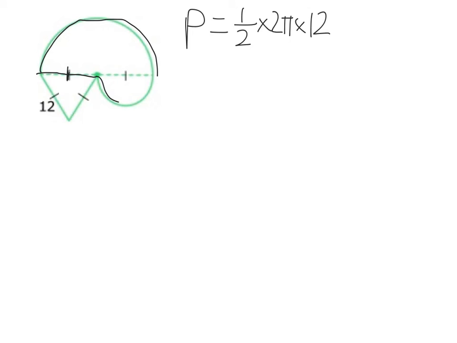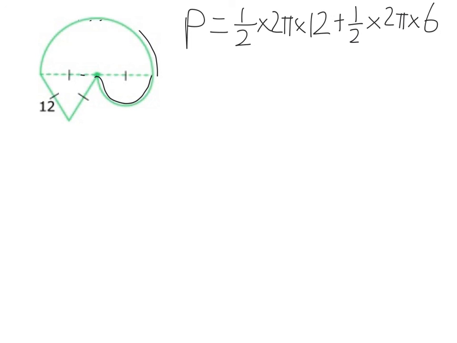Now let's look at the little semicircle here. It might be tempting to think it's the same. Obviously not, because it's a lot smaller. So its diameter is 12, so its radius is 6. Again, it's half a circle, so I'm going to write half times 2 pi times r, which is 6. And then there are 2 more sides that I need to go through.